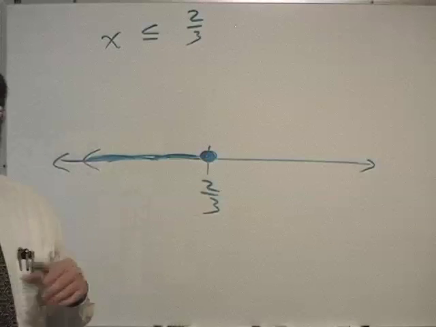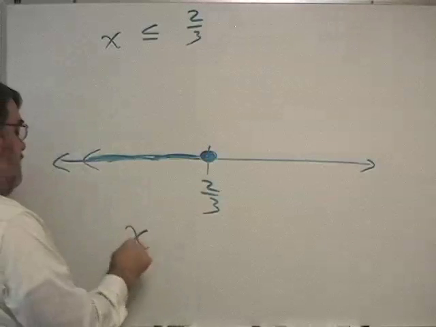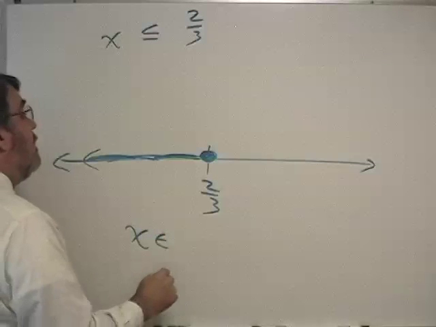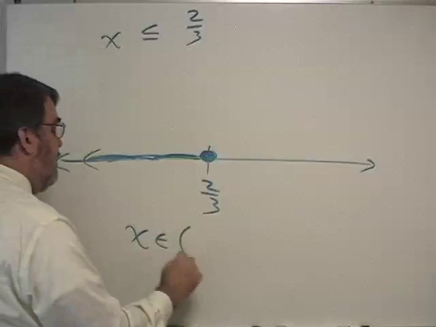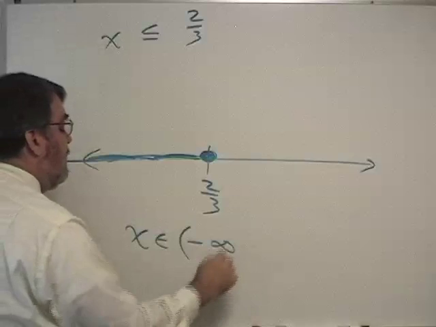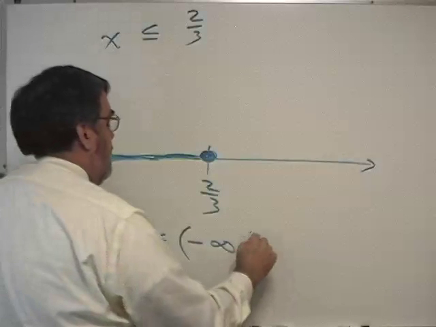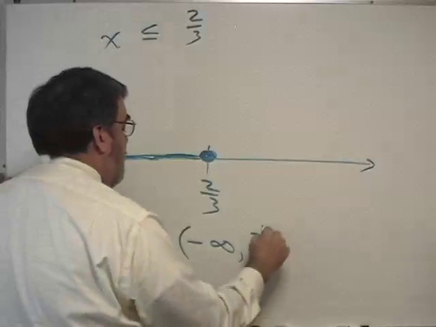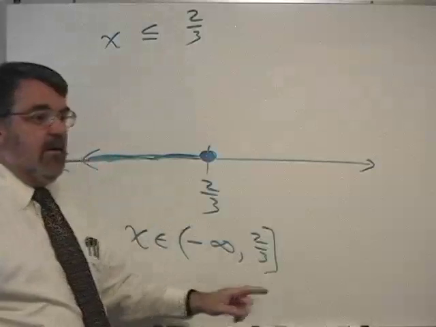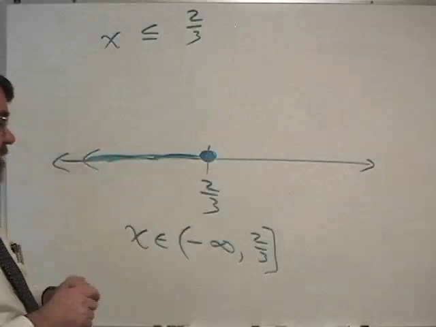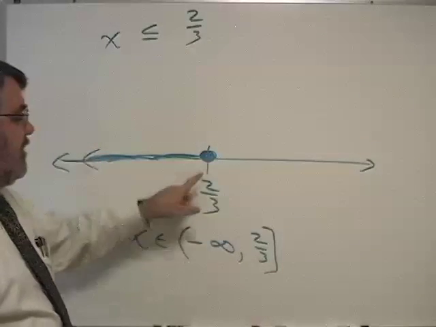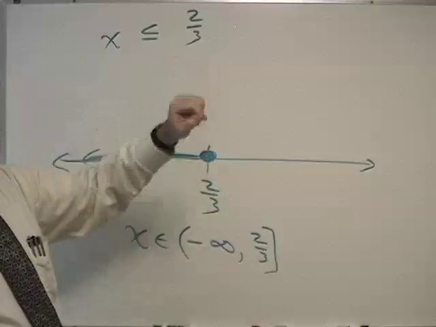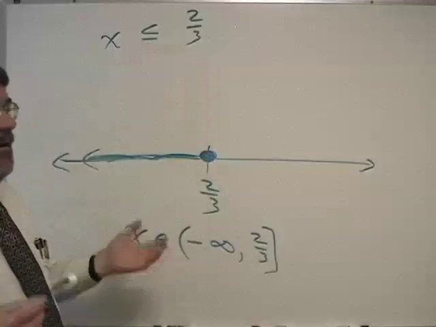Now here's how it looks in interval notation. We would say that x belongs to the interval from parentheses, negative infinity, comma, 2/3, and then I put a closed bracket on it. So the bracket symbol represents the inclusion of the endpoint. In this case, the inclusion, it equals 2/3.